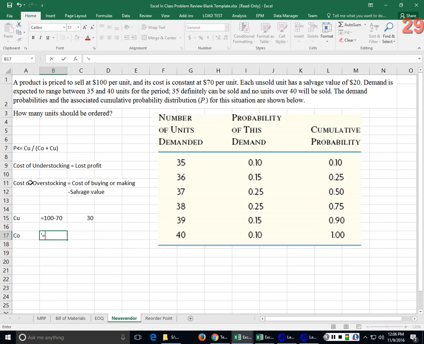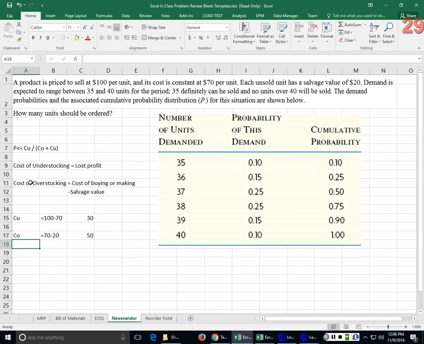I'm just interested in the cost of the product to make it minus whatever salvage value I'm going to have. It says its cost is constant at $70 per unit. 70 minus 20. There you go, which is 50.